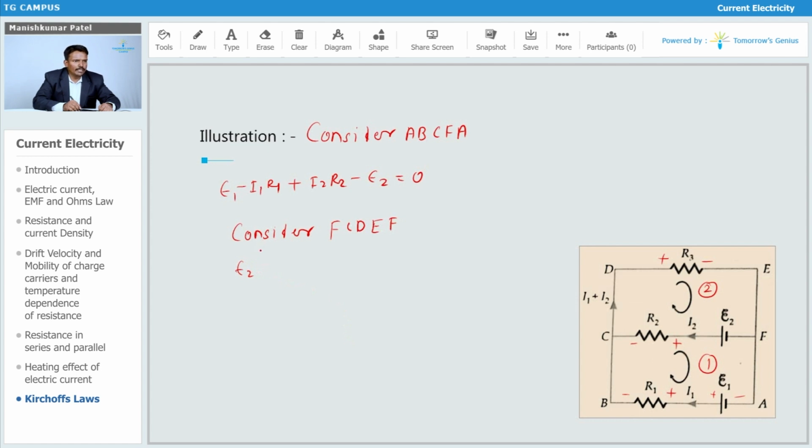Then minus I1 plus I2 into R3, which is equal to 0. So you now have these two equations and there are two variables, I1 and I2. Just solve those two equations and you will get the values of I1 and I2.